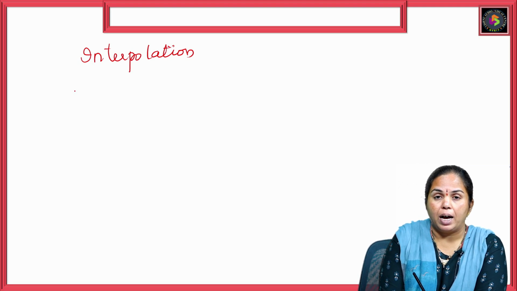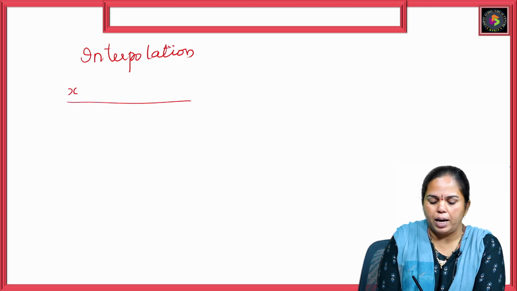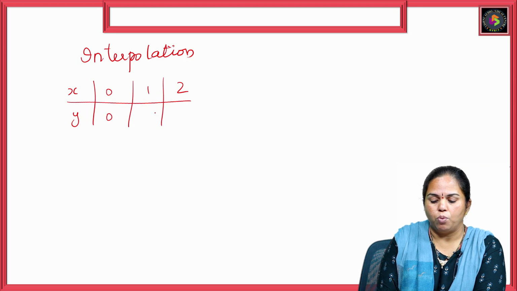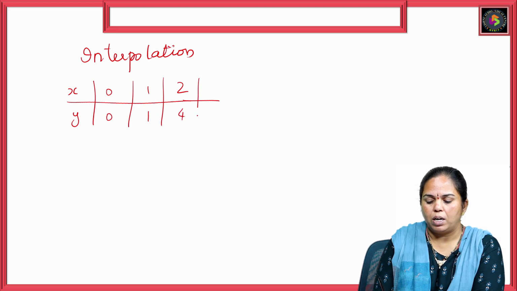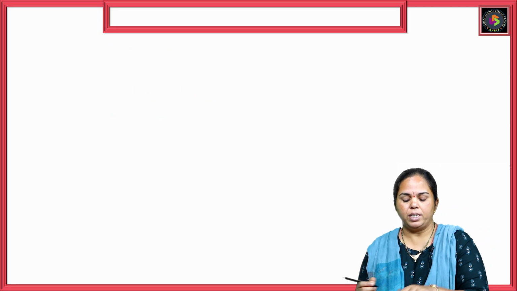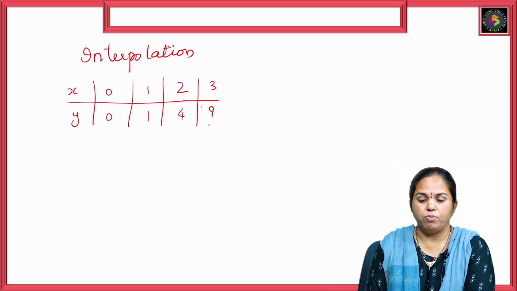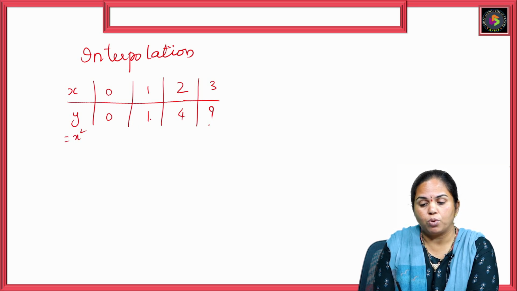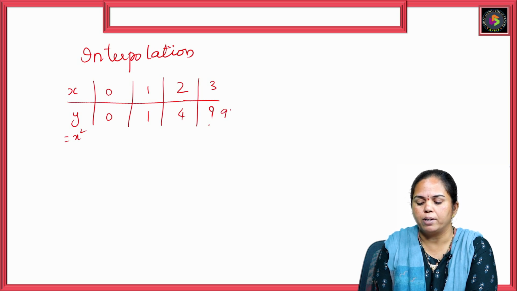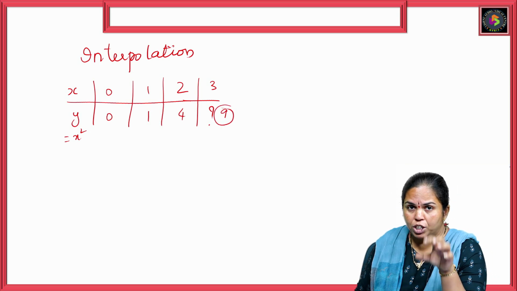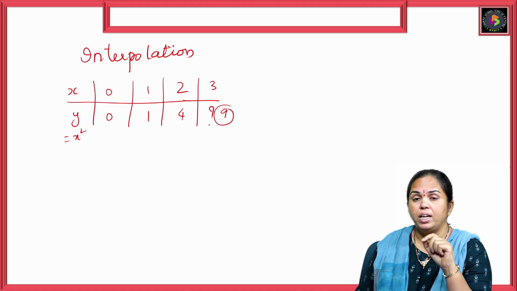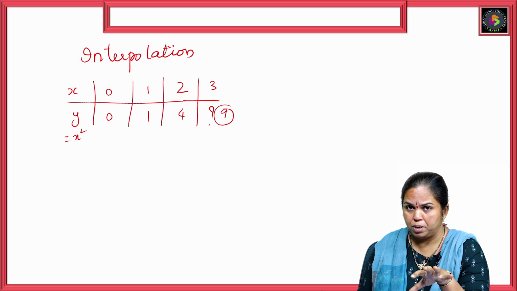For example, if I have a table of values with x as 0, 1, 2 and y as 0, 1, 4, can you tell what is the value at 3? By seeing the values of y, we can estimate it. If you observe, mostly this function will be y = x squared: 0 squared is 0, 1 squared is 1, 2 squared is 4, so this will be 9. If we know the function, then we can find the value for any x in the table.